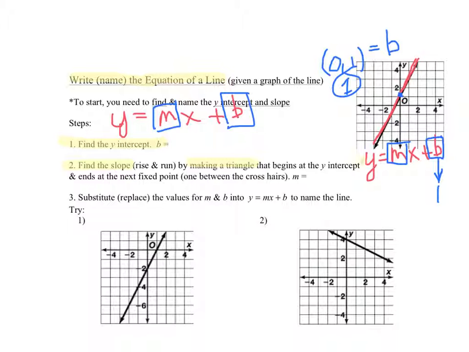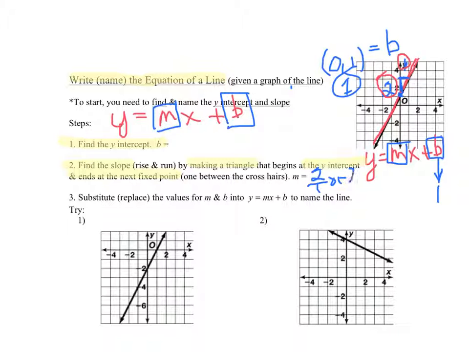We can begin at the y-intercept and then find the next fixed point, one which is right on the crosshair. So we can draw a triangle that goes up from this point, which goes up 2 spaces here, and across 1. So this is a rise of 2 and a run of 1, which means our slope is 2 over 1, which is the same thing as 2.